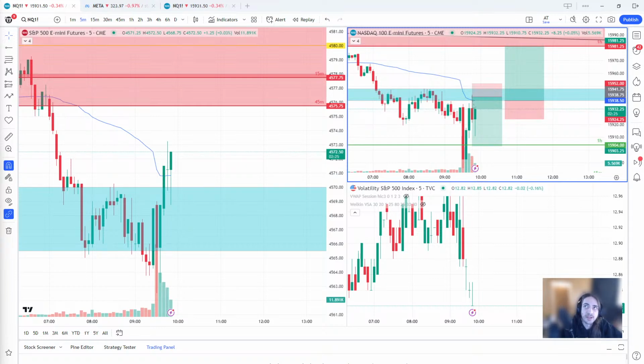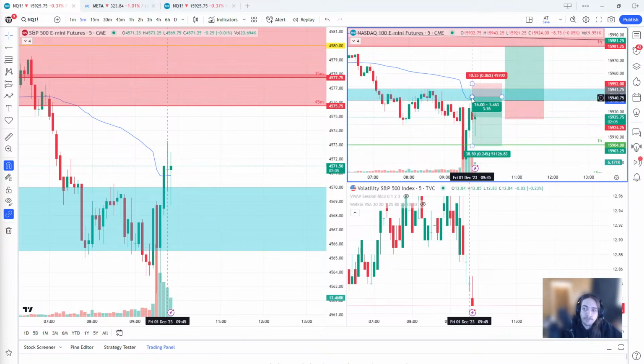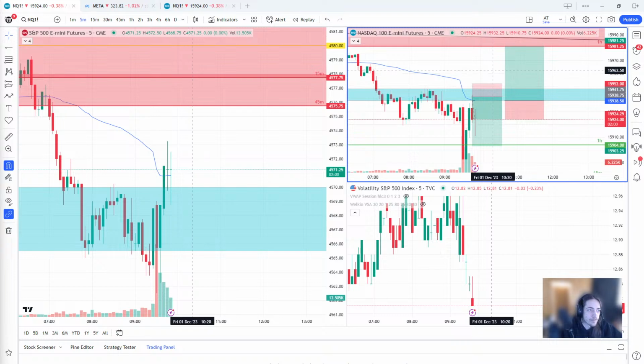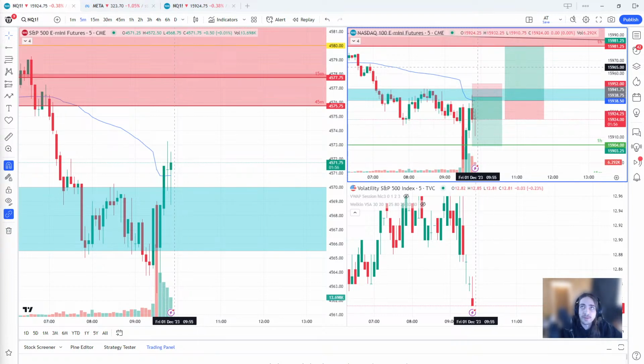Meta looks weak. Nvidia looks sort of strong, trying to hold. Damn. Apple pushing up, though. Let's see.